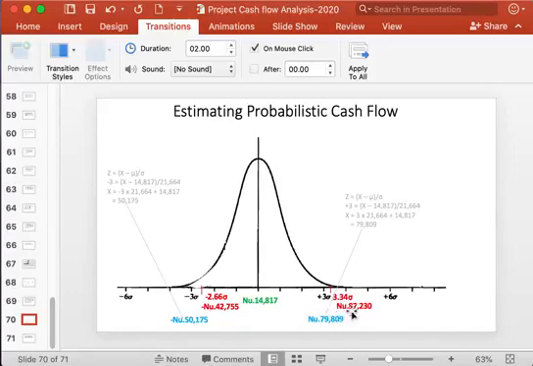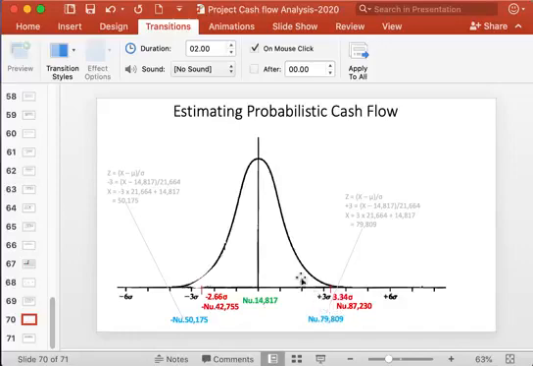So this net present worth of the best case scenario we can actually reject and say that this is not possible because it is outside plus 3 sigma, whereas the net present worth of the project falling and taking on the value of minus 42,755 Newton, we cannot rule out.